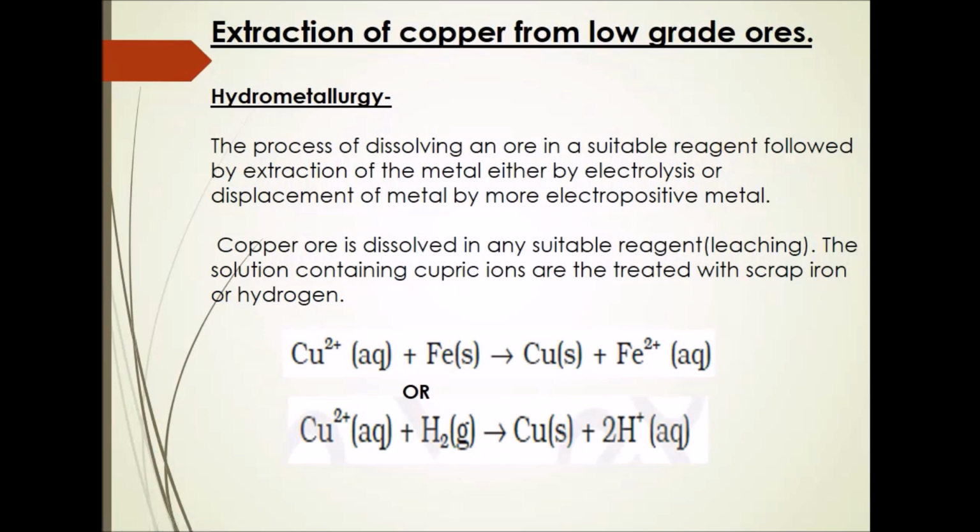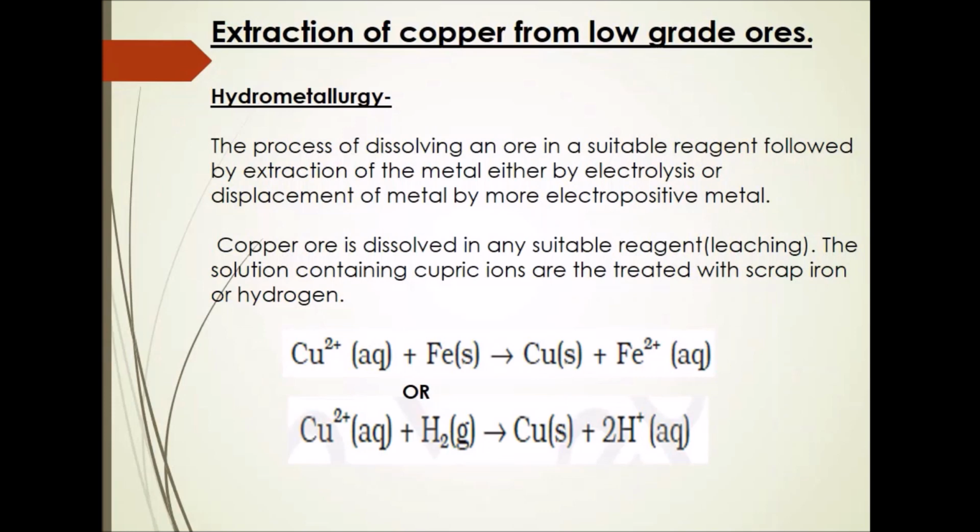Why is it treated with hydrogen? Since the reduction potential value of zinc is less than that of iron, the above reduction is faster in the case of zinc. If you use zinc, this reaction is very fast. But zinc is not preferable because zinc is costlier than iron.